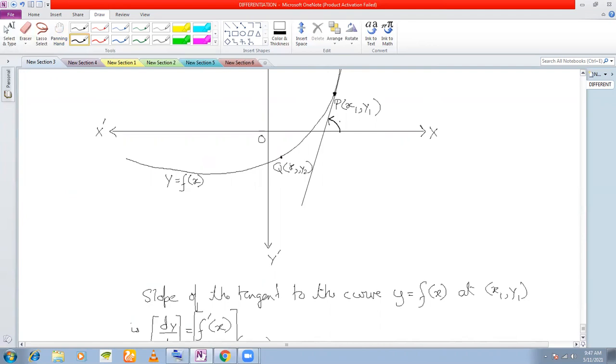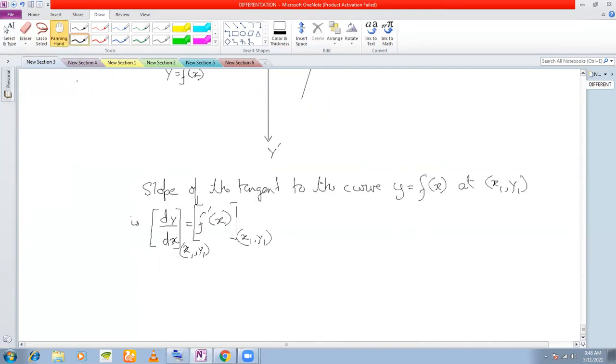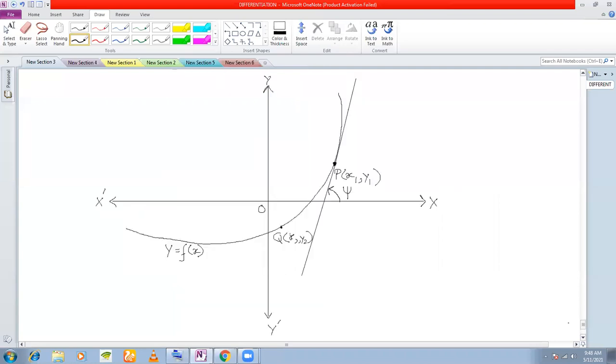If this is the inclination, suppose this angle is psi, then we say that tan psi must be equal to dy/dx at the point (x1, y1). Is that absolutely clear? If this is the angle, then dy/dx is equal to tan of this angle.